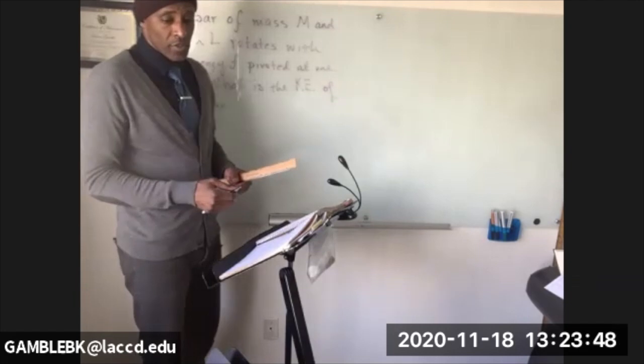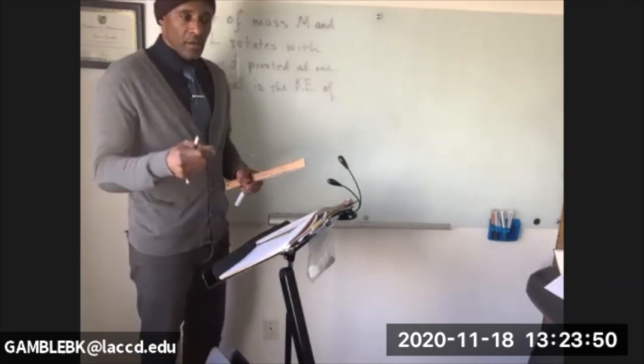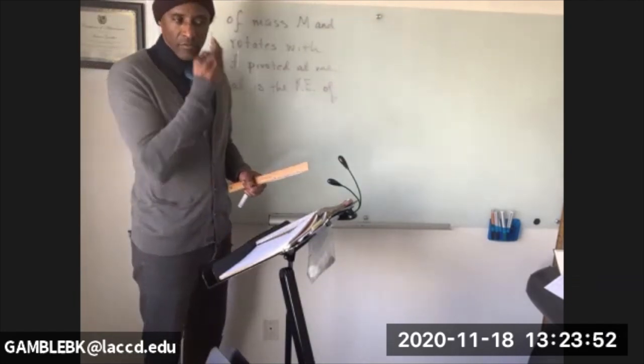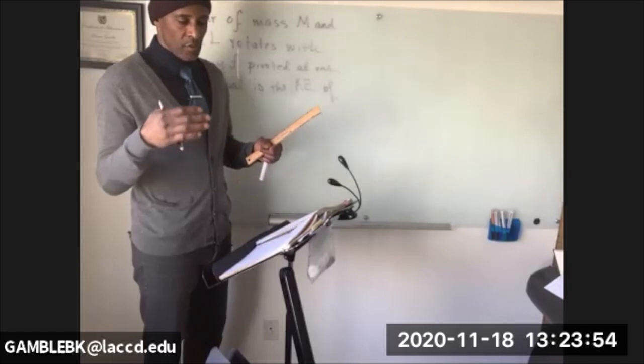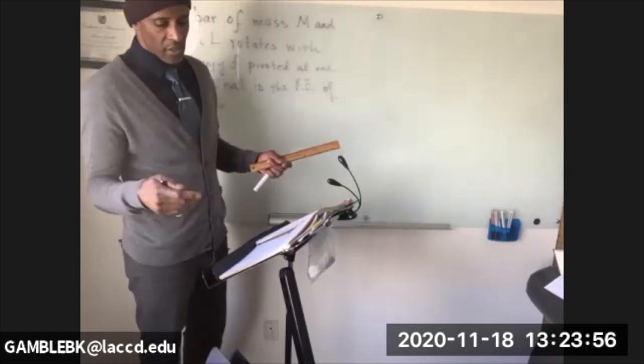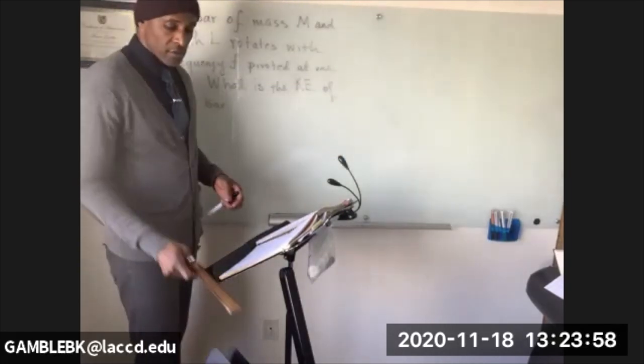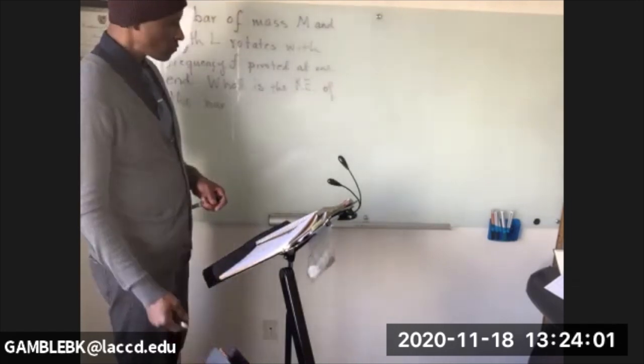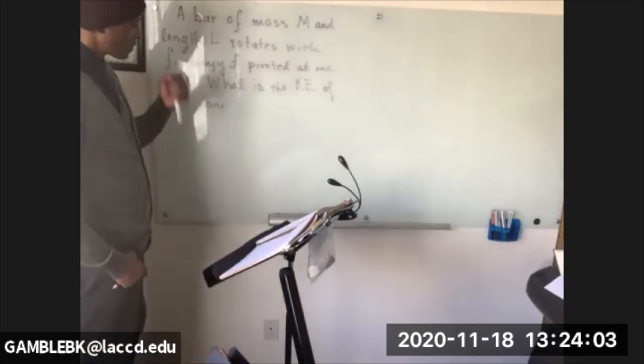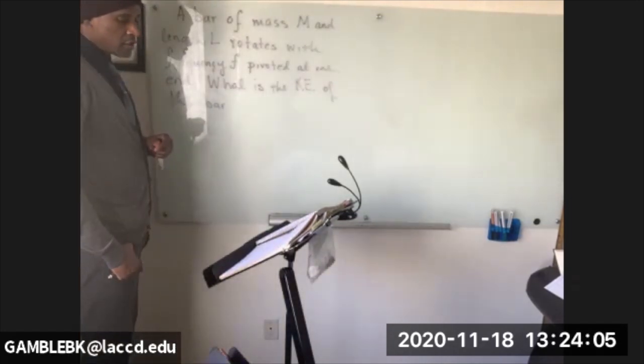If I want to know the rotational kinetic energy, and we haven't talked about that, I could, if I know the radius, because there's a relationship between the speed and the angular speed. So again, I could figure out the rotational kinetic energy as well, or the v in terms of rotational kinetic energy.